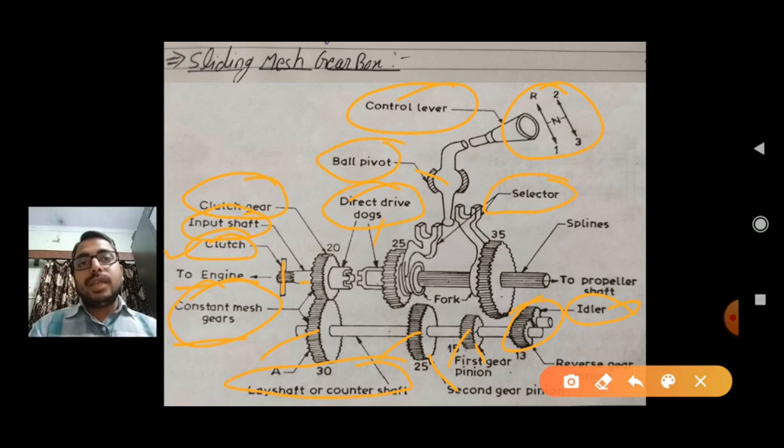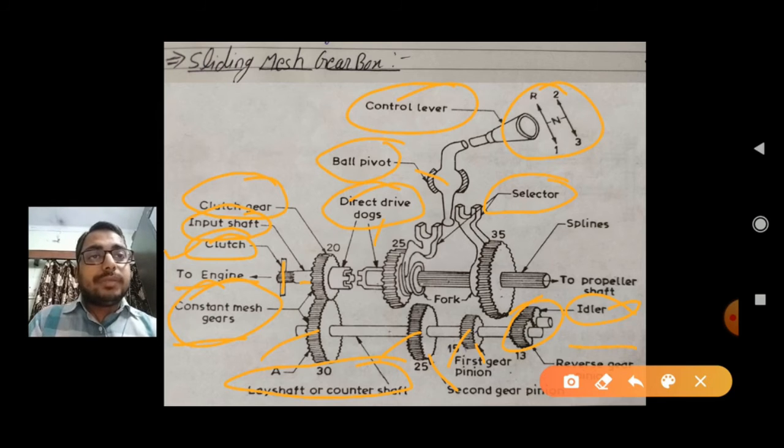Idler is a type of device which is used to transmit power in the same direction. You can say the idler gear is an intermediate gear, which is used to transmit power in the same direction as the power transmitted from the driver gear to the driven gear. So this is the idler gear, and it is used in the reverse gear system, as I already told you.